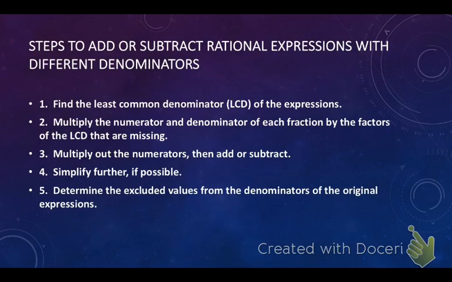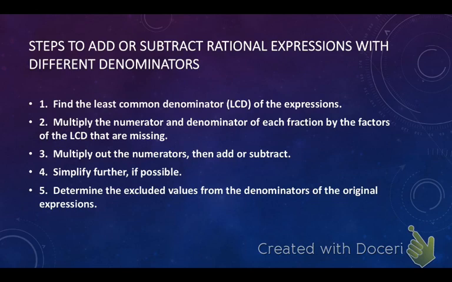Whenever we add or subtract rational expressions, you're going to do the same thing. Basically, what we did on that last example is the same technique. We're going to factor the bottom, and then multiply the numerator and the denominator by whatever is missing. Whatever's missing in each fraction, whether it be one fraction or two, or maybe three, we just make sure that everything matches on the bottom side.